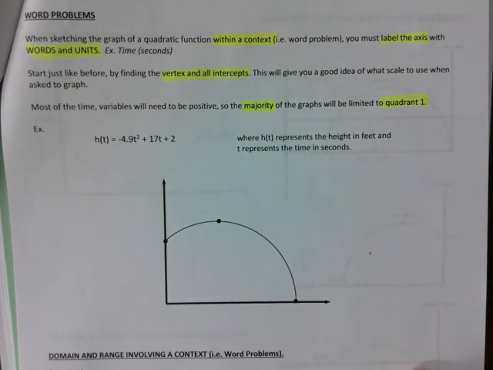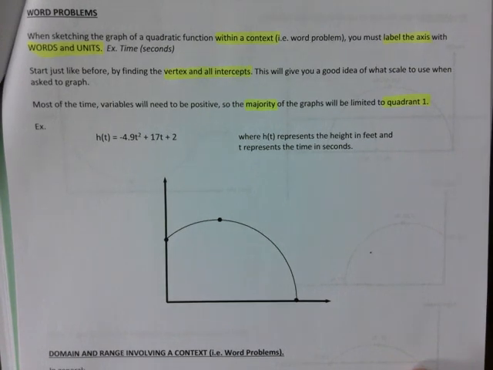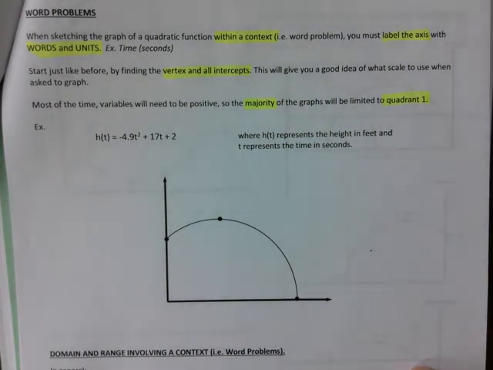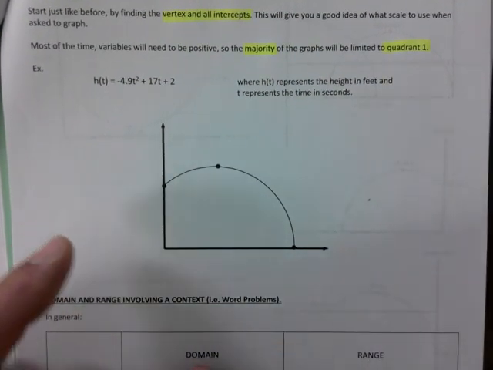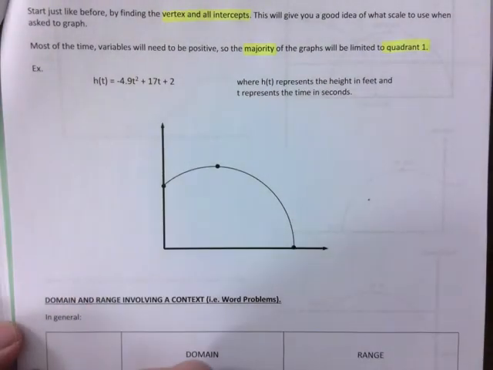But there are instances, for example, I have one where a pelican dives underwater and then comes back up. So there will be a little bit of negative height or depth to it, but most of the time we're in quadrant 1. So keep that in mind. Don't think it's all the time, right?